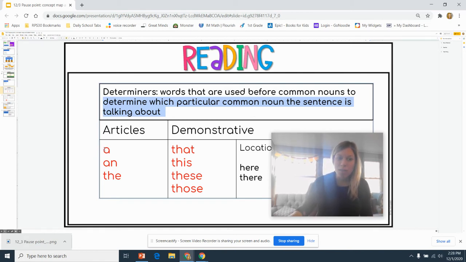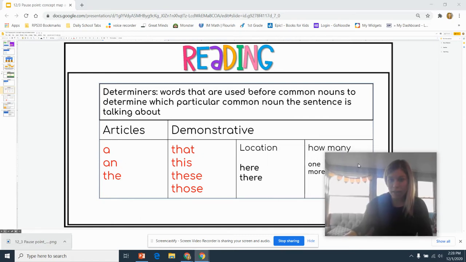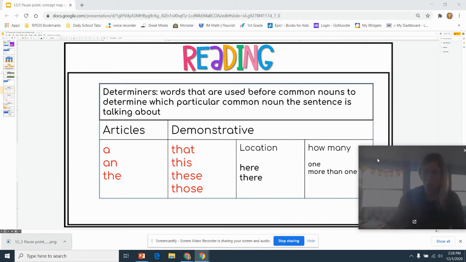So we could have words that are articles. And articles are a, and the. I bet you could read those words, can't you? Those are called articles, and we use those before a common noun to tell us which one. We might also use a different kind of word, and I'm going to move myself over a little bit so you can see the rest of the chart.